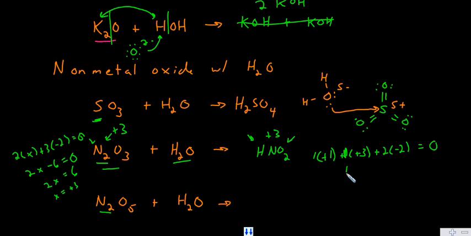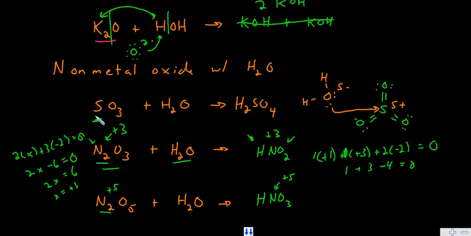Yes. 1 plus 3 minus 4 is equal to 0. So yes, this nitrogen is plus 3. And then N2O5, the oxidation state of the nitrogen is plus 5. So try forming HNO3. Yeah, that nitrogen has an oxidation state of plus 5 as well. And so those are a little bit more difficult.